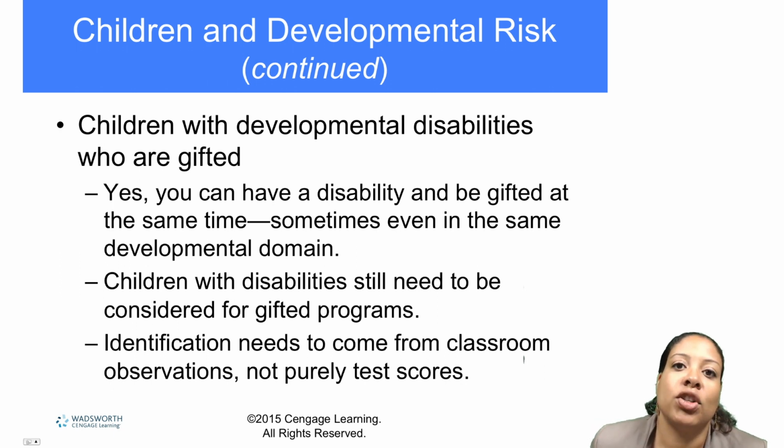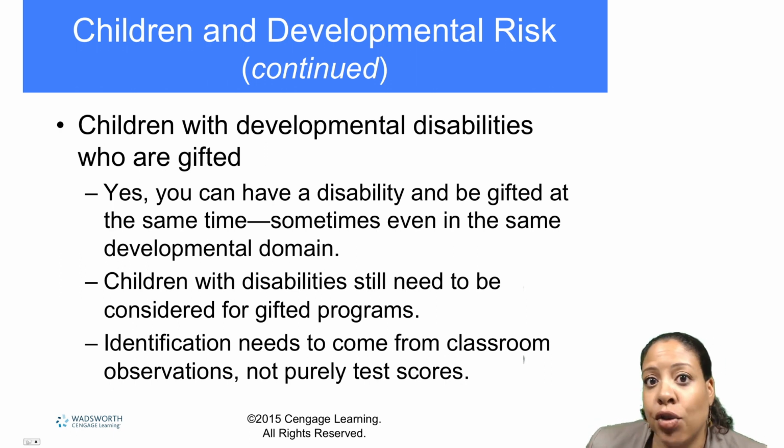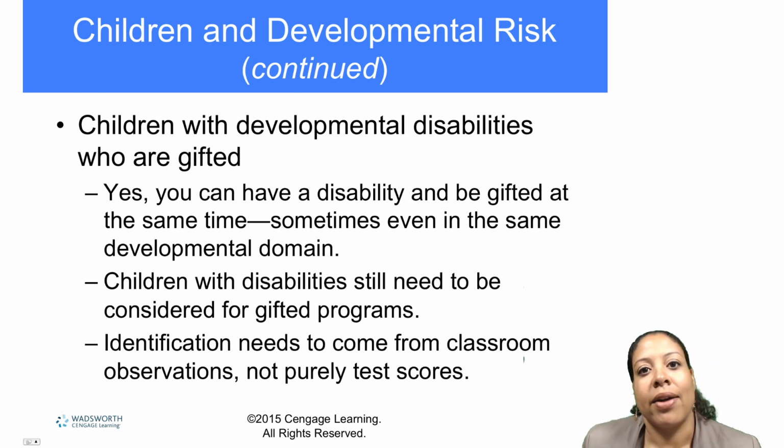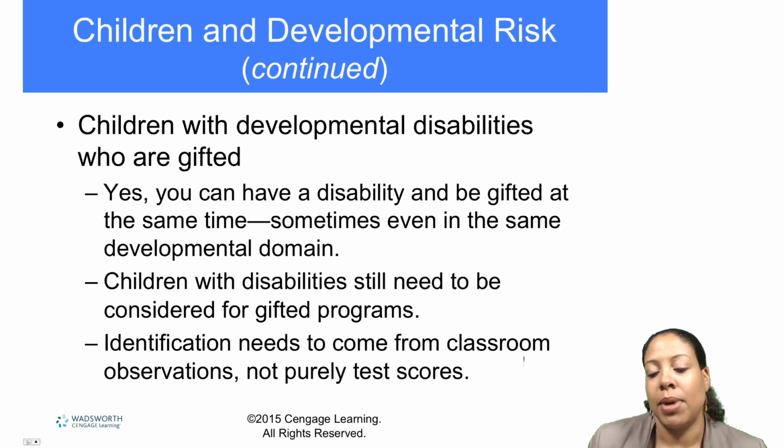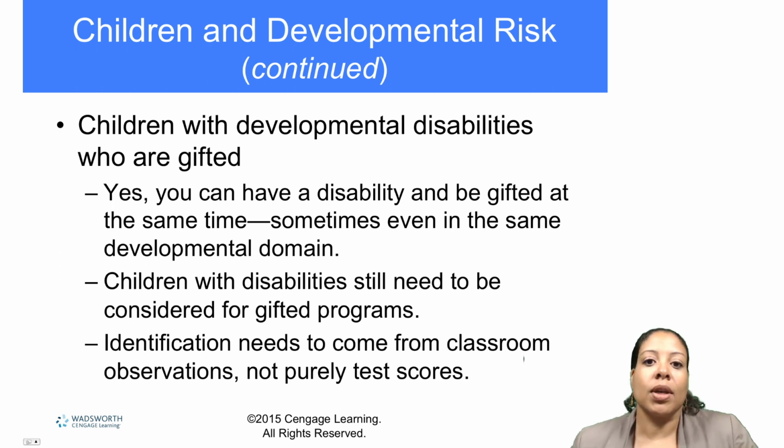So even if you have a child who has Down syndrome or has been diagnosed with attention deficit hyperactivity disorder or autism, it doesn't rule out the fact that they can also display the characteristics of a gifted child, and they should be able to get those resources as well.